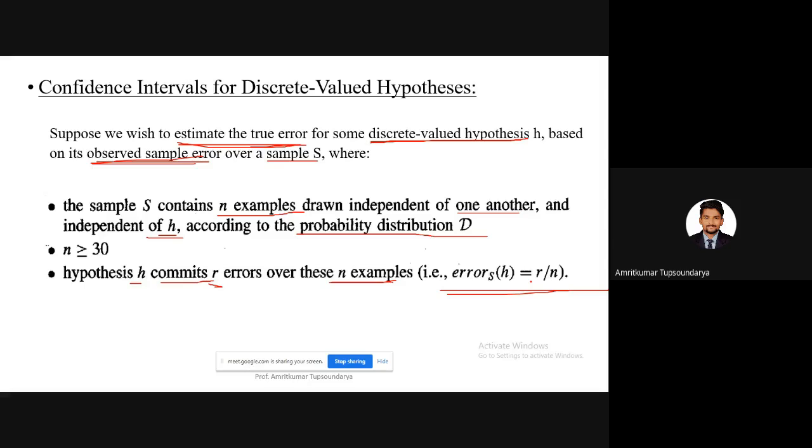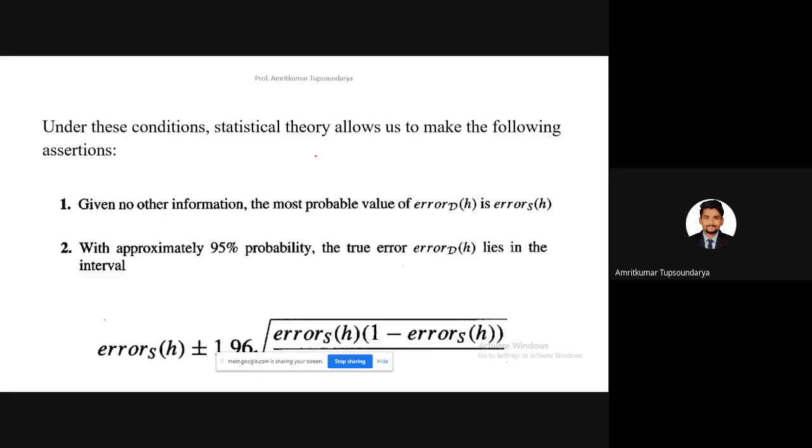We will see what these errors are and how we compute them. But under these conditions, there is some theory that we are going to put up here.